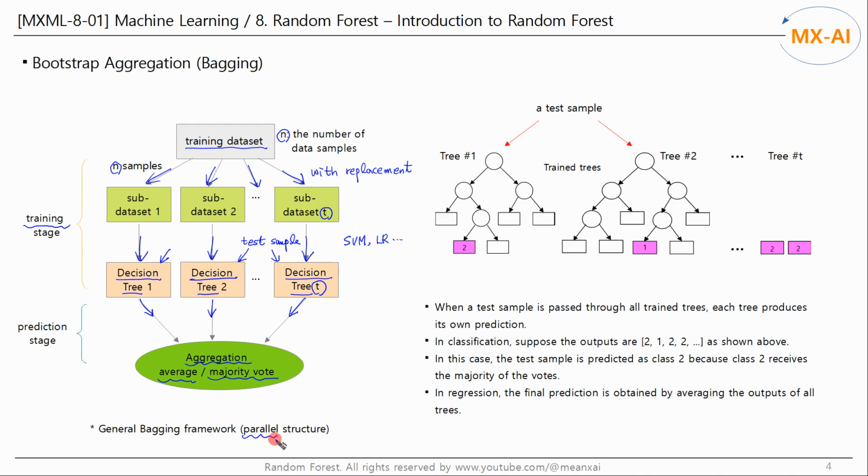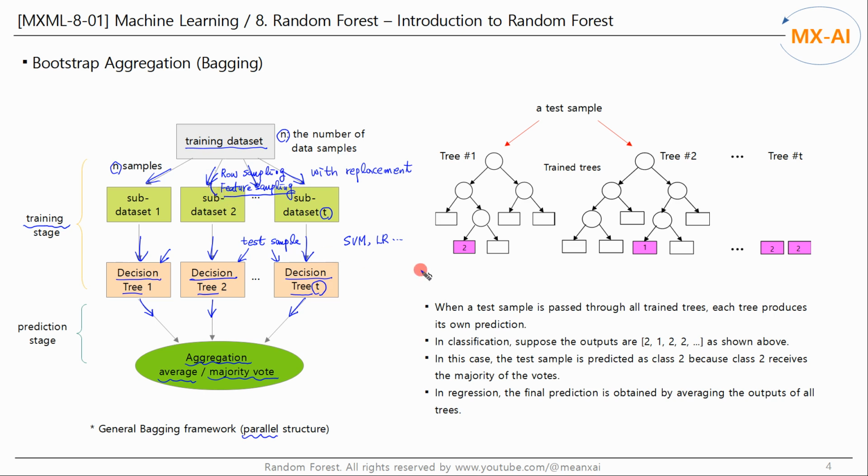Random forest extends this idea further by performing not only row sampling, but also feature sampling. Feature sampling means randomly selecting a subset of features during training. Row and feature sampling help reduce the correlation between trees.